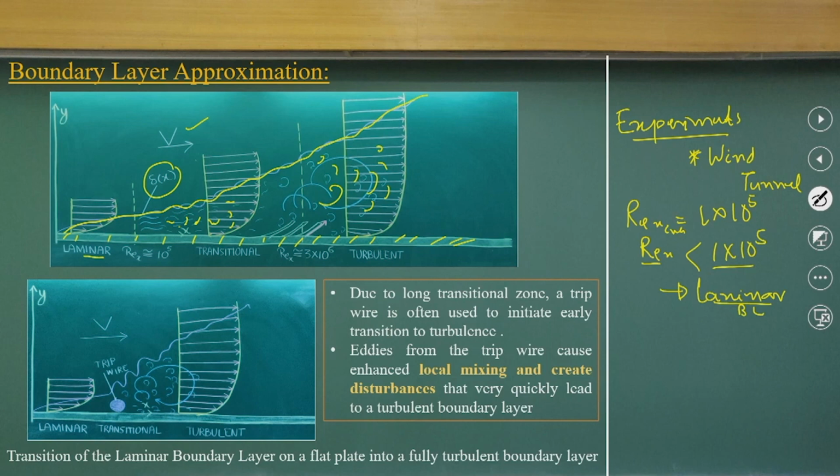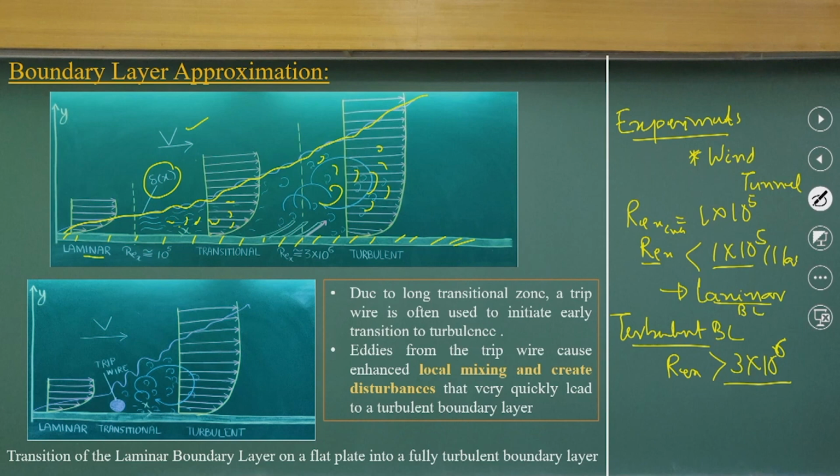And another critical limit is for the turbulent boundary layer: if the Reynolds number is greater than 3 million, 3 times 10 to the power 6, just remember it. This is 1 lakh, this is 3 million.